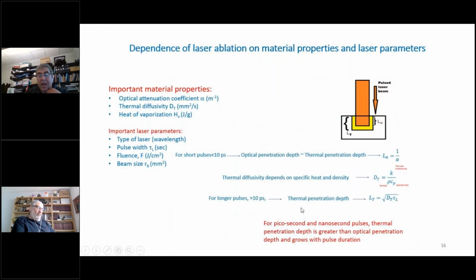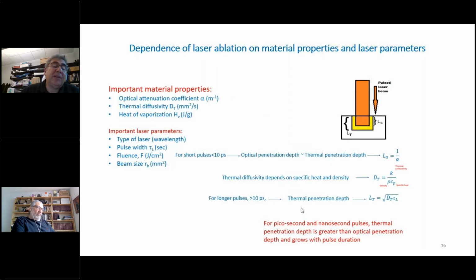All right, so now let's talk a little bit about the physics of laser ablation. Again, we are talking about the more general case of ablation. So, what are the important parameters to consider? This is divided into the material properties and laser properties. For material properties, the parameters to be considered are the optical attenuation coefficient alpha.